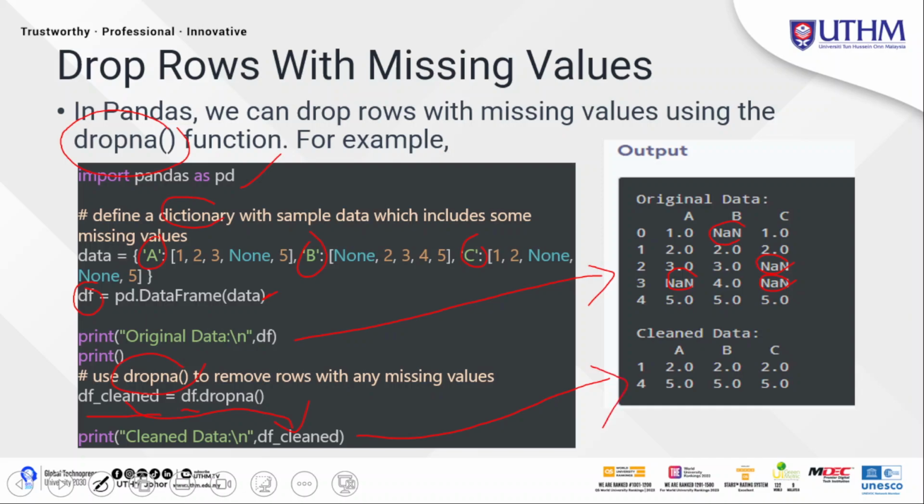Whatever rows have missing values, like row number 1, row number 3, and row number 4, all these rows are deleted. The leftover are row number 1, row number 2, and row number 5. So that will be your output.